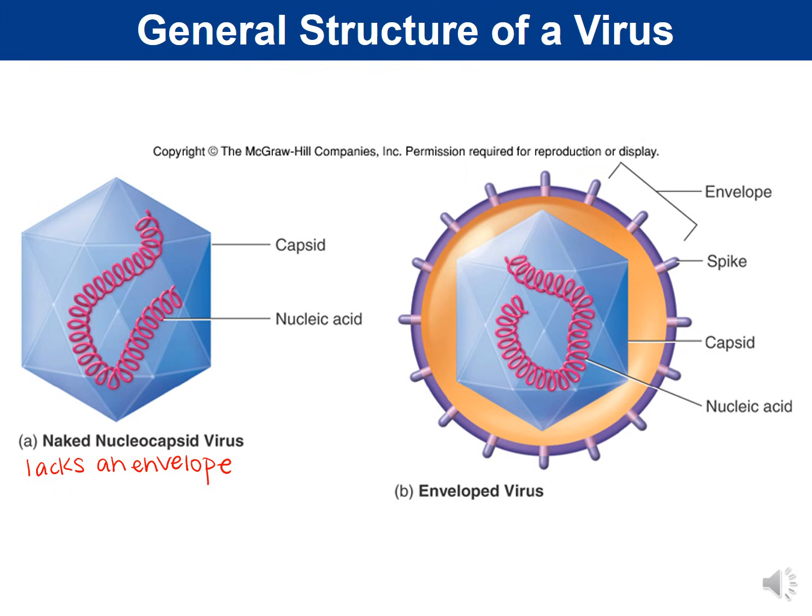So they still have the nucleic acid and they have their capsid, but external to that they have a structure called an envelope. And this envelope is a phospholipid membrane, and this phospholipid membrane is derived from the host cell membrane.